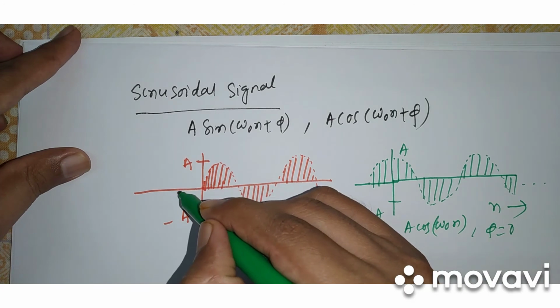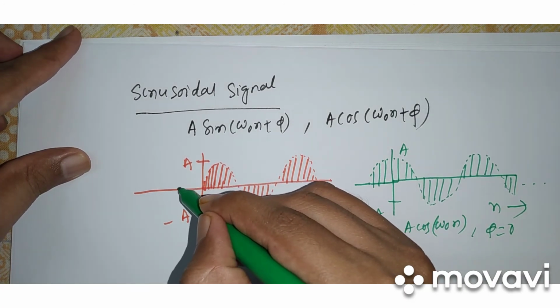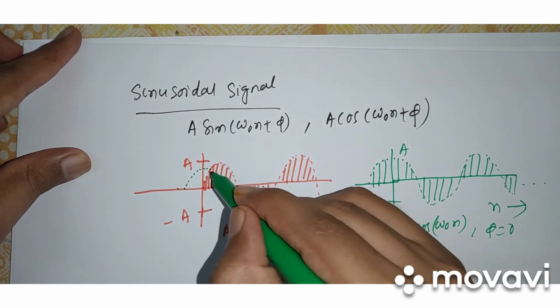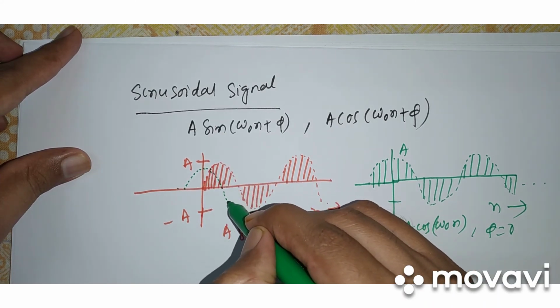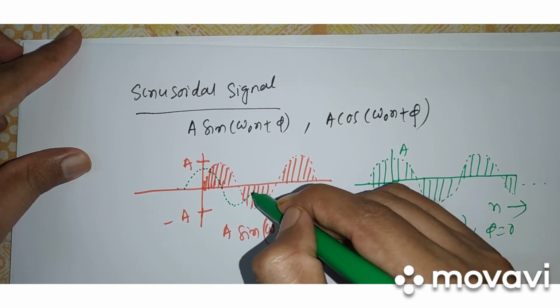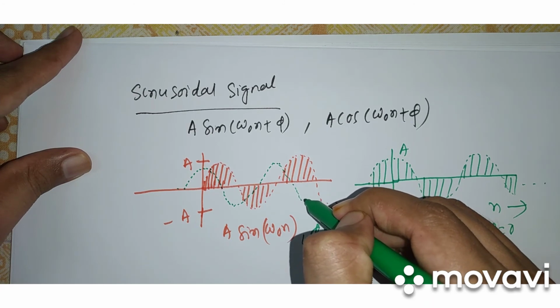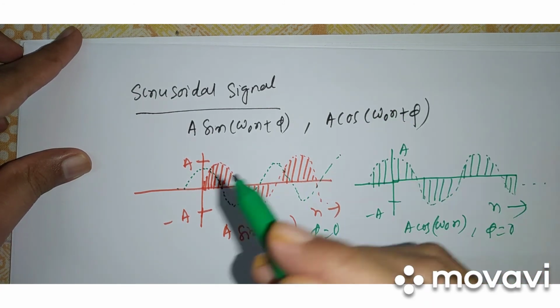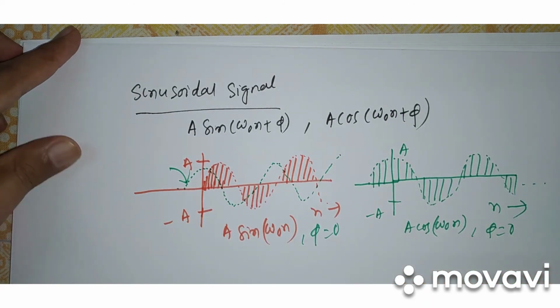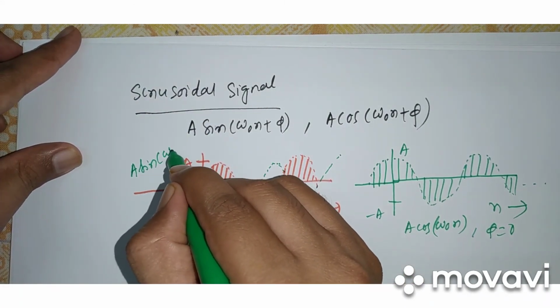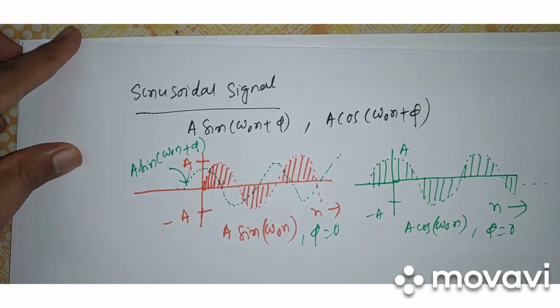If you take some phi value, it will shift some amount and we will get the plot like this. So this is your A sine of omega 0 n plus phi. It will shift left hand side.